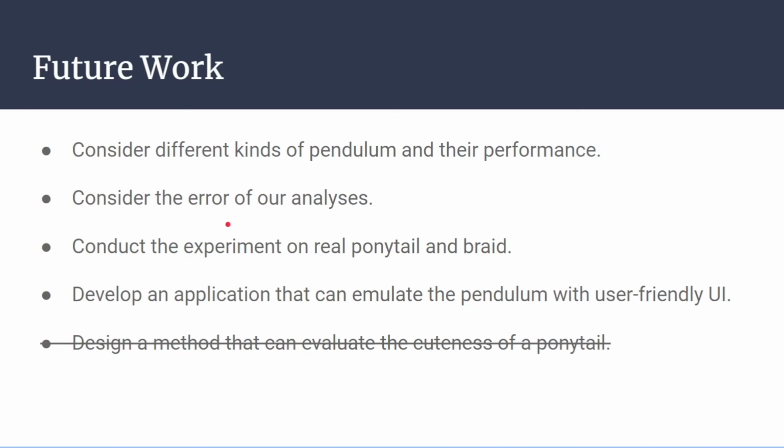Since the previous models didn't consider some real variables like friction and the weight of the string, we might take these factors into consideration and conduct experiments on real pendulums, if possible. If we can find someone to conduct our experiment, we might do it.